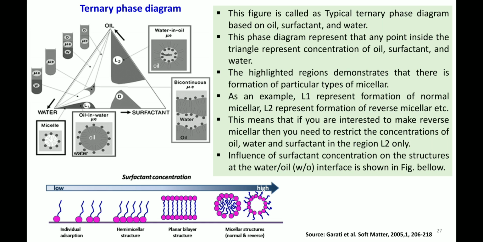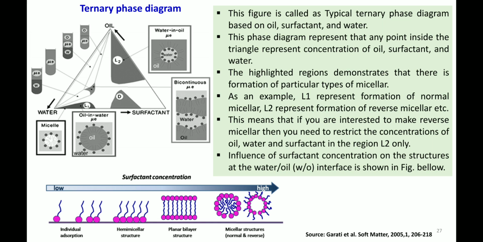At the upper corner of the triangle we say there is oil, on the left hand corner we call it water, and on the right hand side we call it surfactant. So basically this figure represents the three corners: oil, surfactant and water.